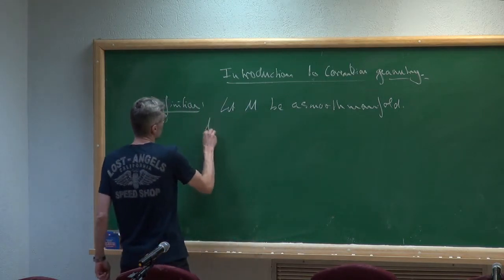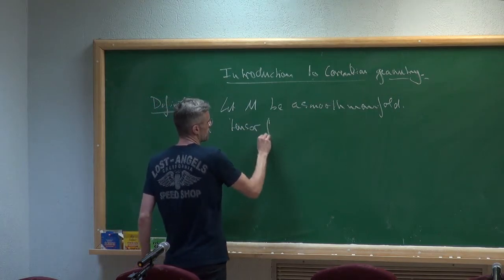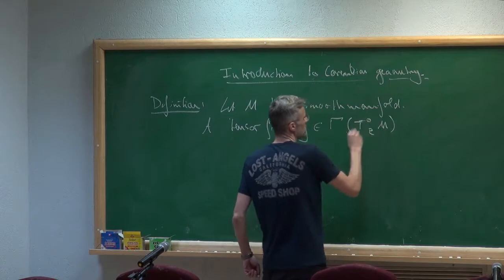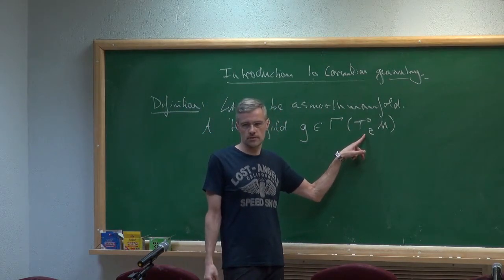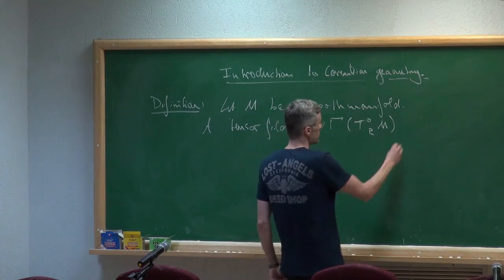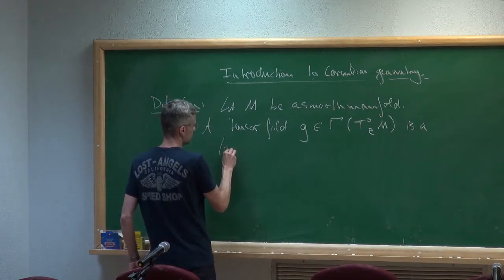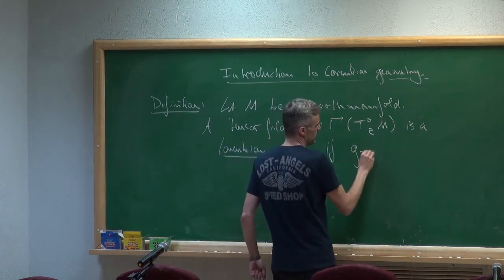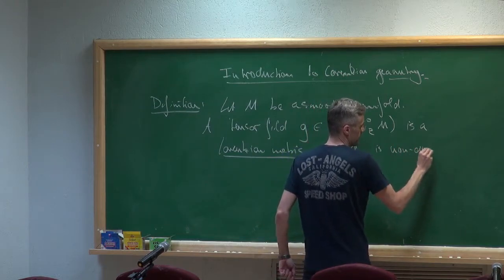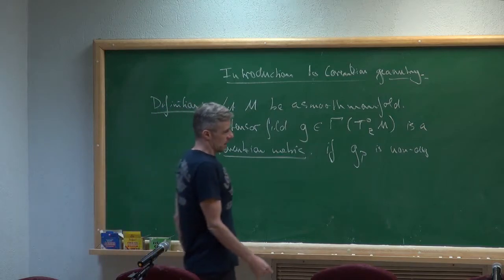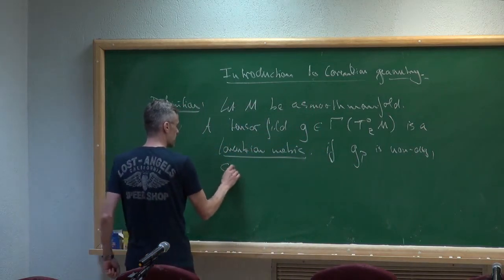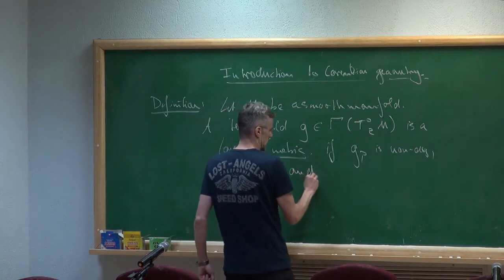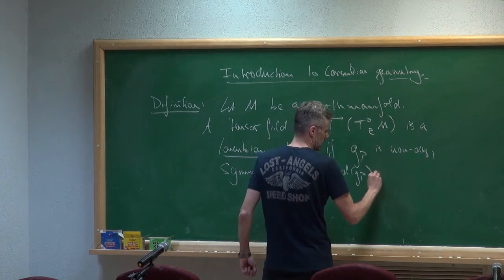And a tensor field, usually denoted by g, which is a section of the (0,2) tensor bundle, which just means it's a bilinear form on every tangent space, is a Lorentzian metric if g_p is non-degenerate, we've seen that already today in the form of the symplectic forms, it is symmetric, that of course is in contrast with the symplectic forms, and the index of every g_p is 1.